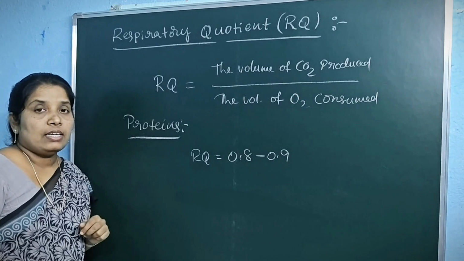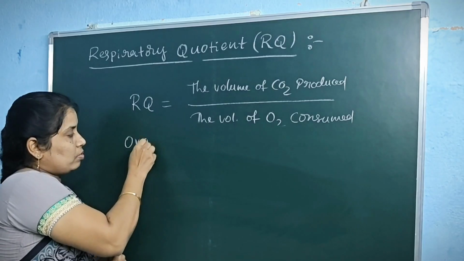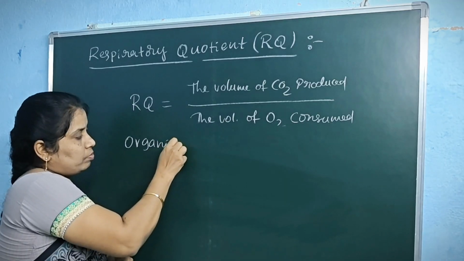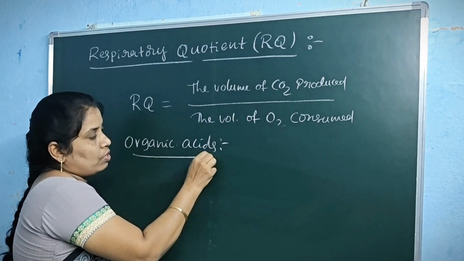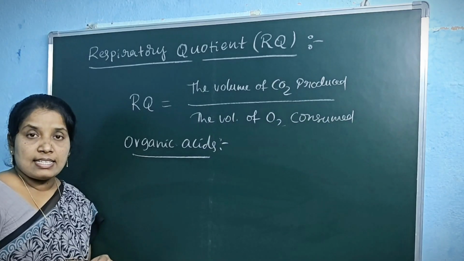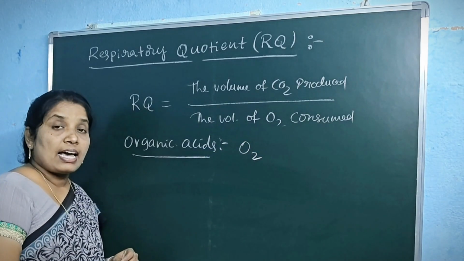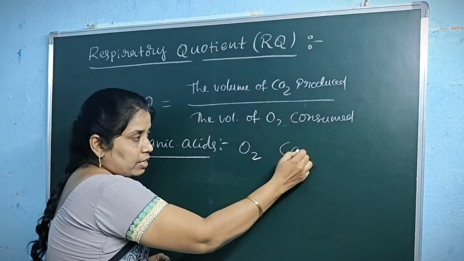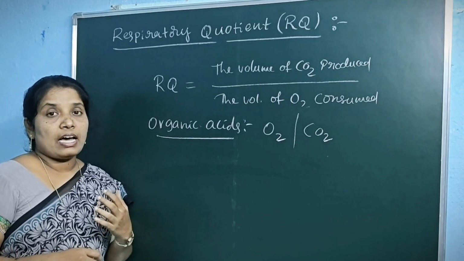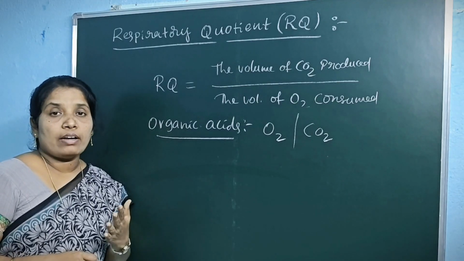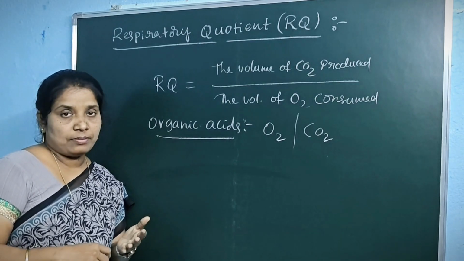So let's see the RQ value for organic acids. Organic acids are rich in oxygen, and high CO2 is evolved in the oxidation of organic acids. That's why the RQ value becomes more than 1. So let's see the RQ value for malic acid.